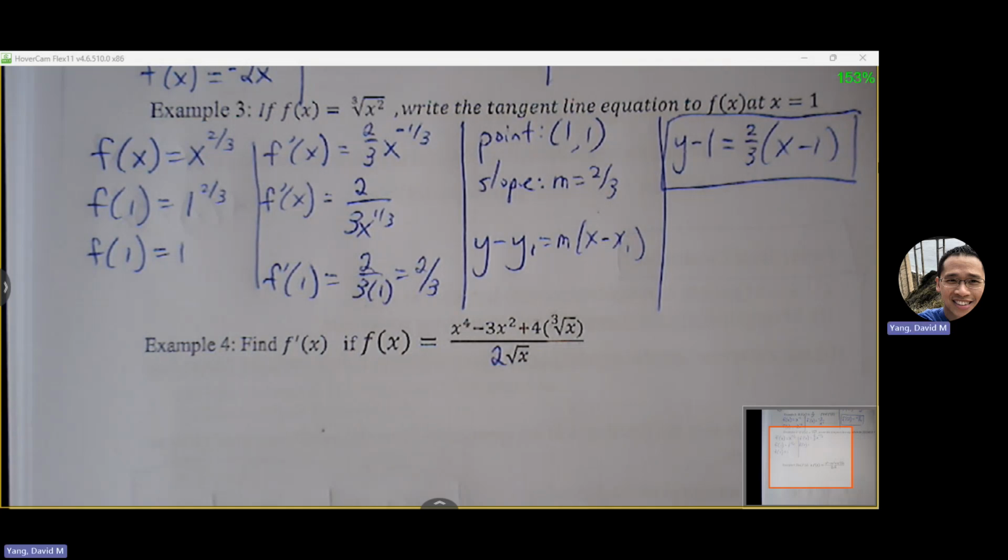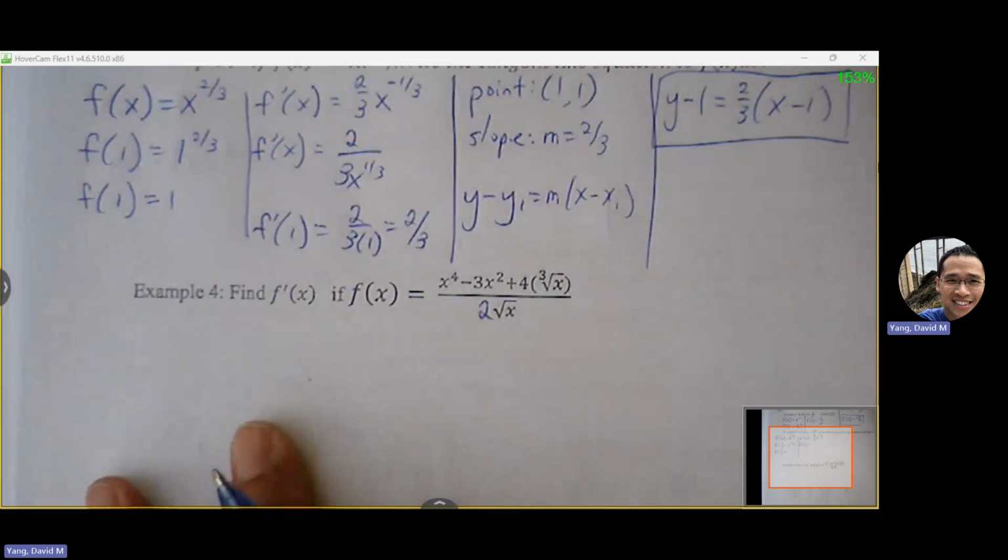Any questions here? Okay, so example 4, this is a more complicated problem here.